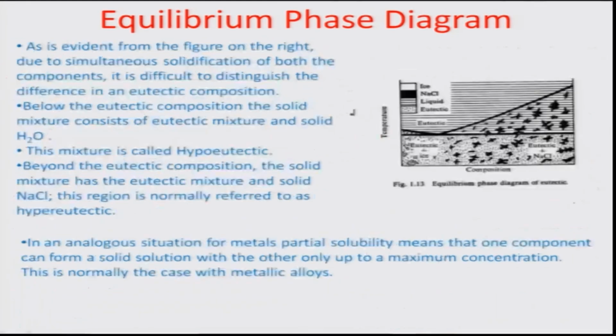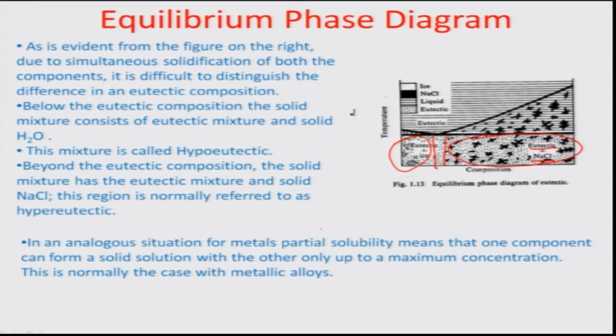That is how you can understand it: you have an excess of salt plus eutectic mixture, the eutectic mixture being an indistinguishable single phase, and on the other side ice plus eutectic mixture, in such partially soluble in solid phase kind of systems.